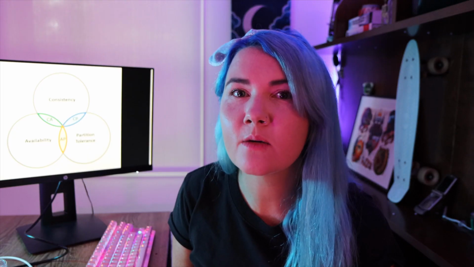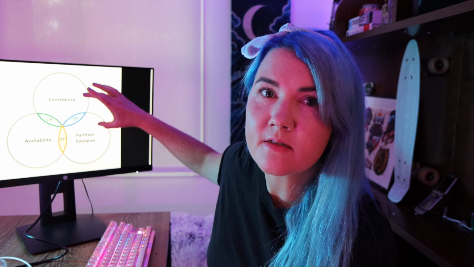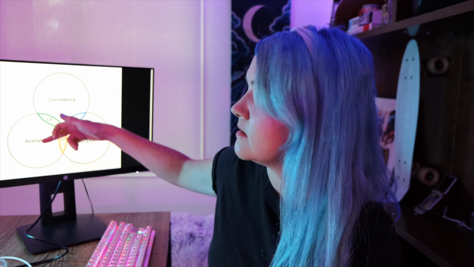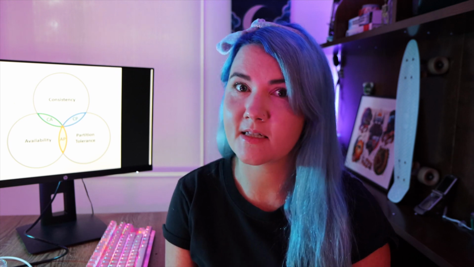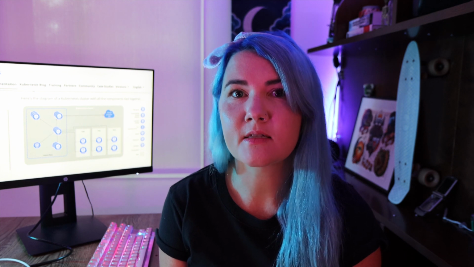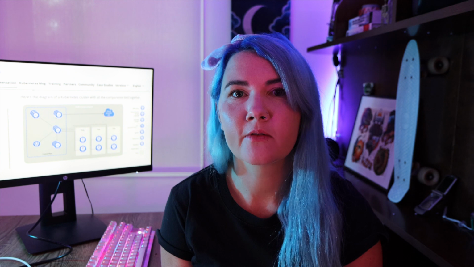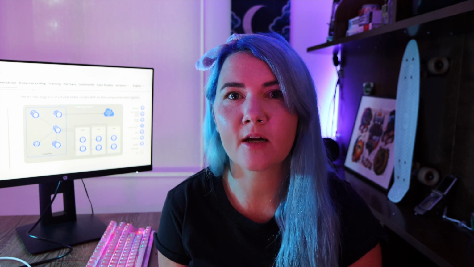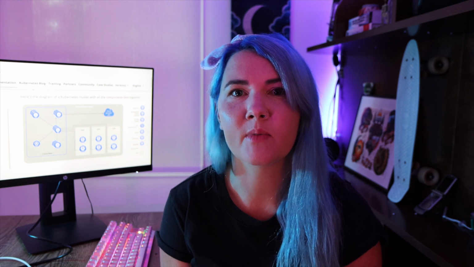So etcd will favor consistency and partition tolerance, not availability. As a site reliability engineer, that's an important thing for me to know. The reason that Kubernetes favors consistency is that consistency is crucial for being able to schedule correctly operating services. Data integrity is very important.